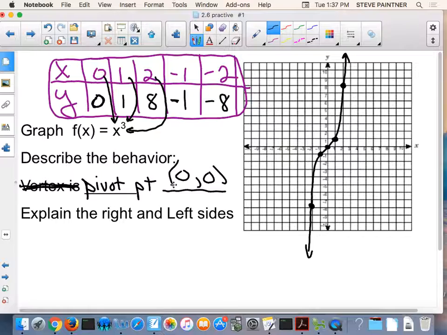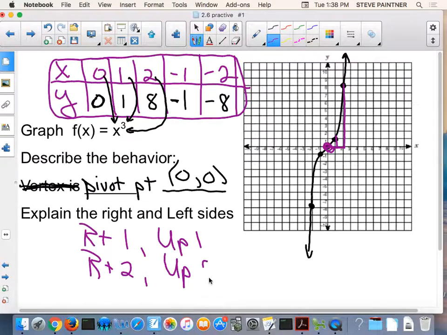Okay, guys, describe these behaviors. That's the pivotal point right here. So that pivotal point, when you move one right, where does the cubic function go? Up 1, 2 right, up 8. Just write that down. So when I go right 1 and right 2, I'm going to go up 1, up 8.